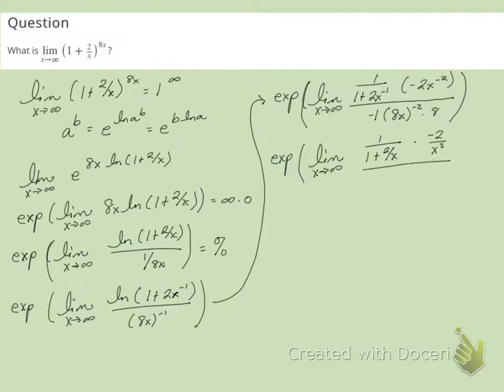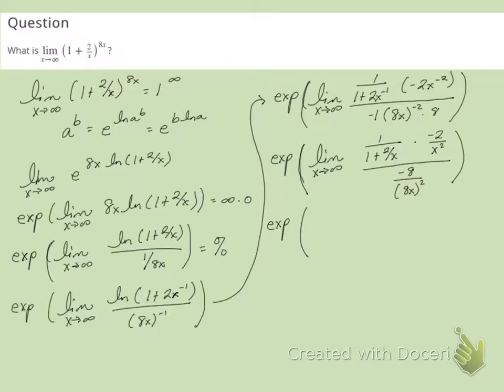And in the denominator, we have a negative 8 over (8x) squared. So we have some definite complex fractions here. This (8x) squared, that's 64x squared. So we can simplify that.